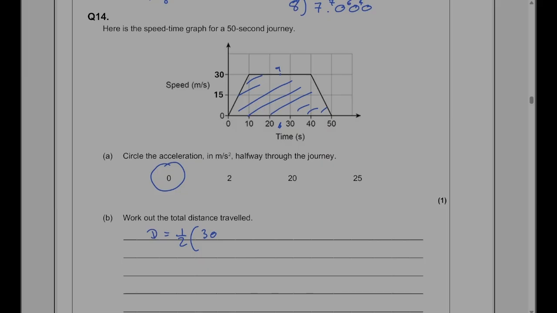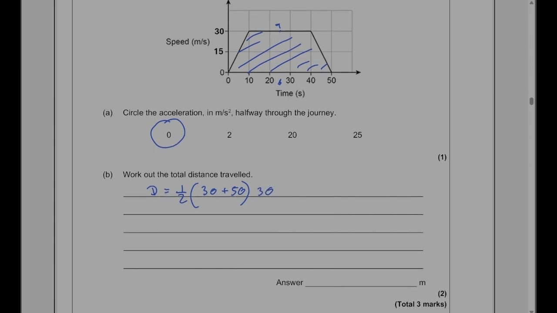And then plus 50. And then we times that by the height, so times by 30. So that's going to be half of 80, so that's 40 times by 30. Well, 4 times 3 is 12, and we've missed off 2 zeros, so we need to put them back on, so we're looking at 1,200 meters.